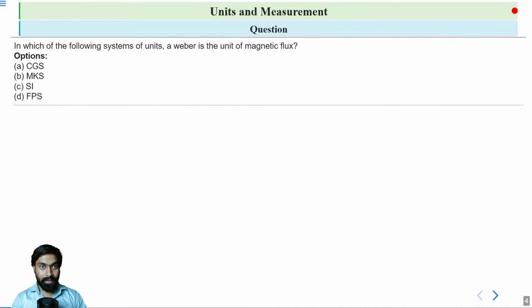The question is, in which of the following system of units is a Weber the unit of magnetic flux? Please solve this question. The given options: A is CGS system, option B MKS system, option C SI system and option D FPS system. Which one? Please answer.